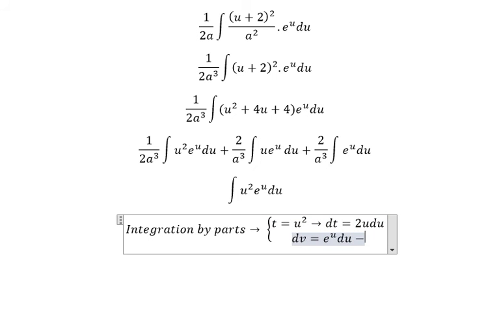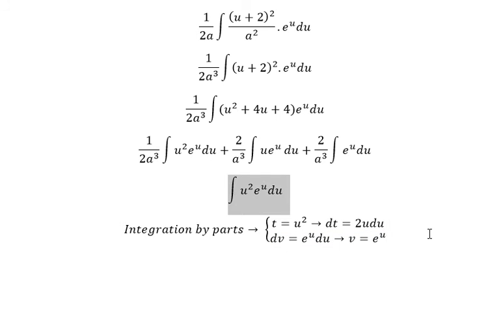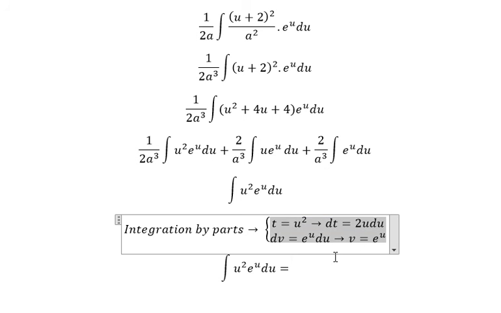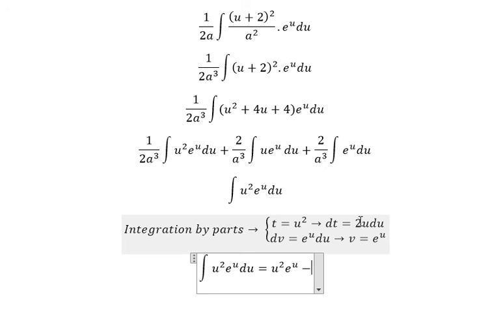So we got v equals to e to the power of u. So we have t multiplied with v, so that should be u square multiplied with e to the power of u minus 2u multiplied with e to the power of u.